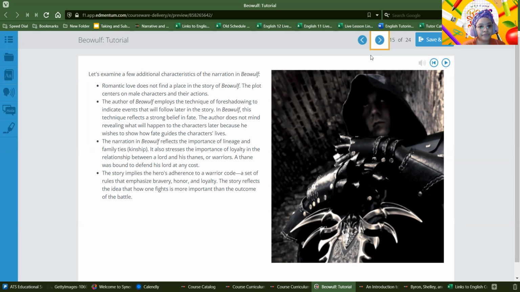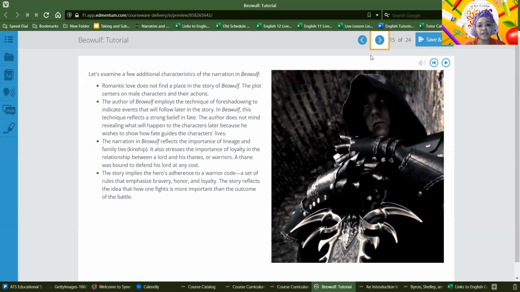The next one is just some themes that talk about the importance of lineage and family ties. This is called kinship in the story, but it was a really big cultural thing at the time, to be loyal to your family and to be loyal to your lord if you were a thane.